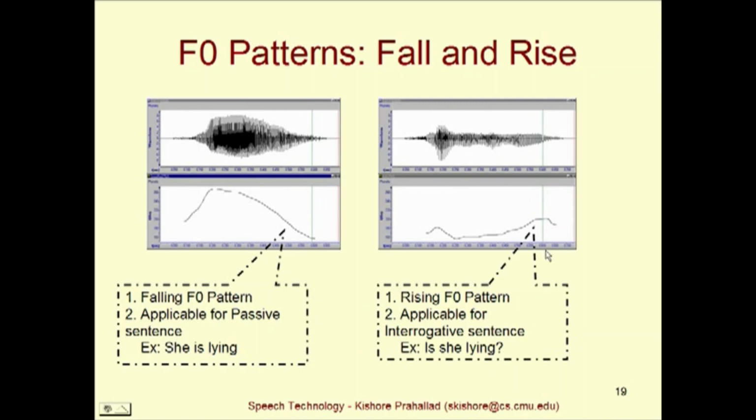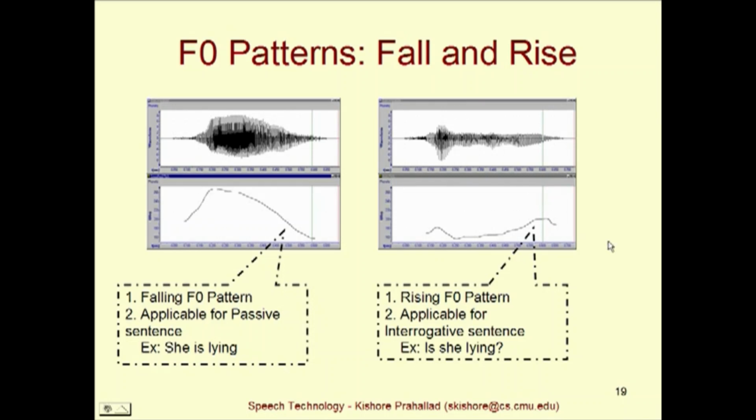The rising pattern is mostly applicable to interrogative sentences. For example, if you're saying "is she lying," there is a rise in your pitch, and that's what is depicted by these rising patterns.